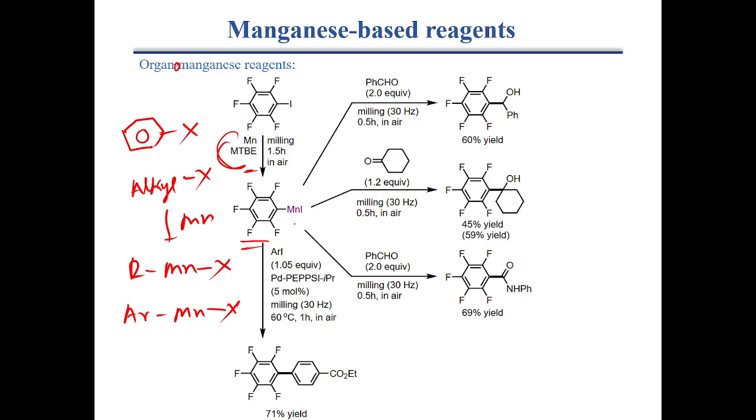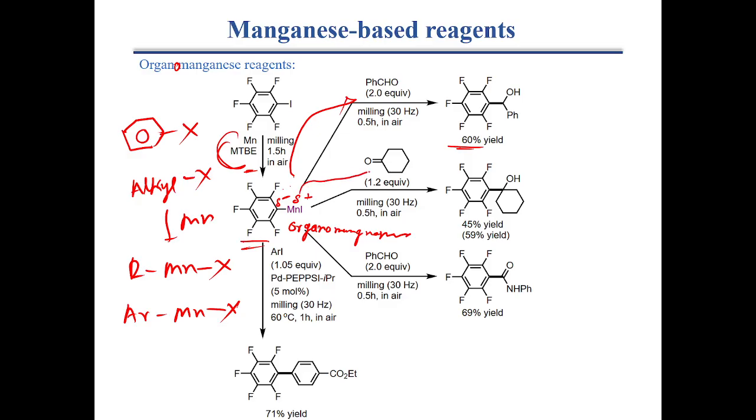So this is the organomanganese compound, just like an organocopper reagent or organolithium reagent. Manganese is a metal, so it will be partially positive and this should be partially negative. Now if we treat this compound with benzaldehyde, that negative charge reacts with the benzaldehyde, giving this alcohol.